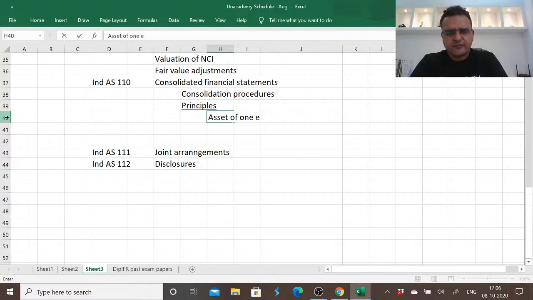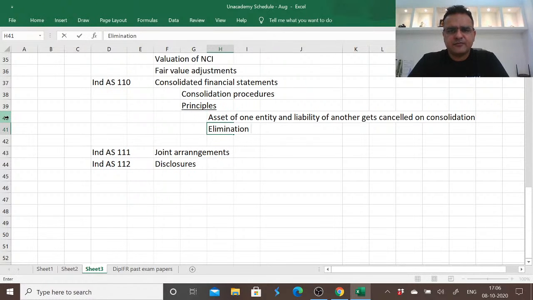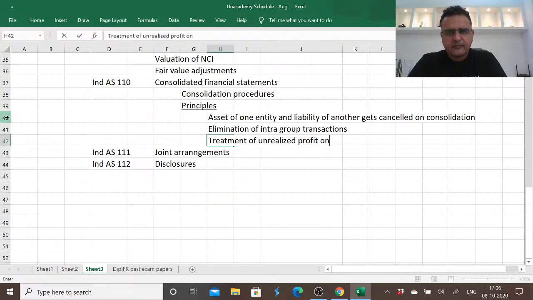Eliminating intra-group transactions in P&L. Treatment of unrealized profits on sale of goods and sale of assets.